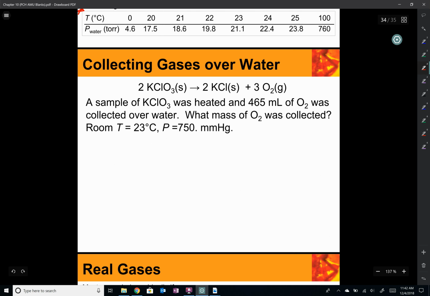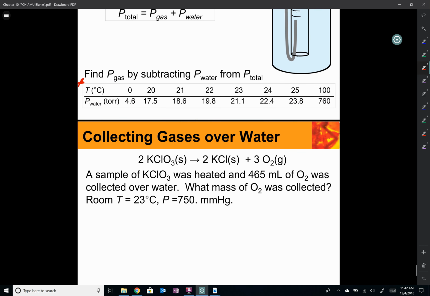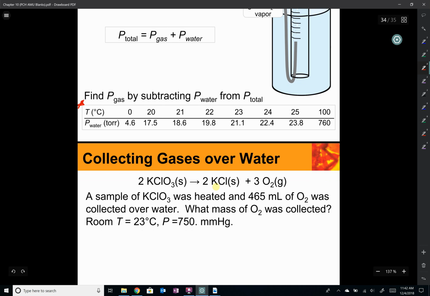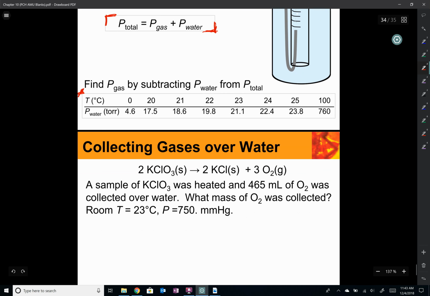A sample of potassium chlorate was heated and 465 milliliters of oxygen was collected over water. What mass of oxygen was collected? They give us a temperature and a pressure. Now, the total pressure is equal to the partial pressure of water plus the partial pressure of whatever gas it is.